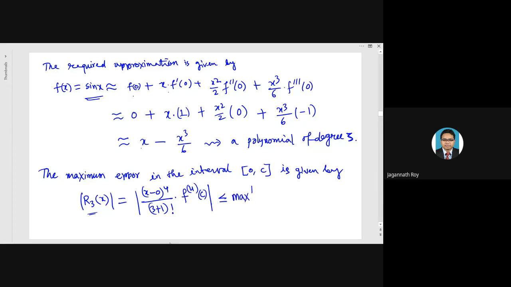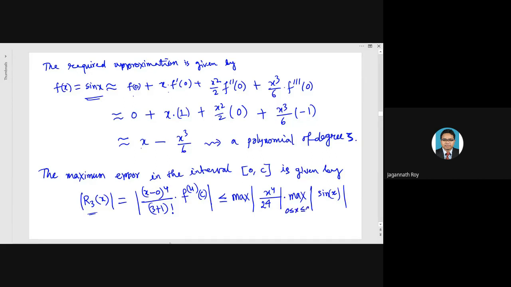the maximum of x to the power 4 by 4 factorial, which is 24, into the maximum of the value sine c. If you write x in terms of c, we need to satisfy this relation.